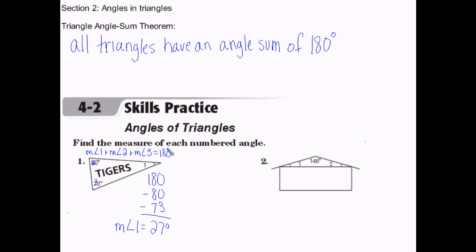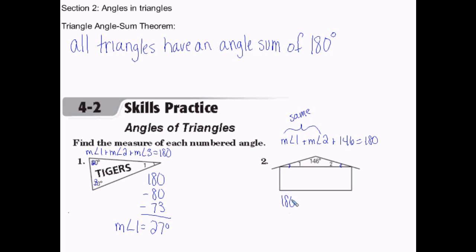So like here on this one, do you see how angles 1 and 2 are marked like this? That shows that they're the same. So what I'm going to have is 180 minus 146. Do you divide by 2? Yeah, you're going to have to divide by 2 because these two are the same. So all three of them together would add up to 180.